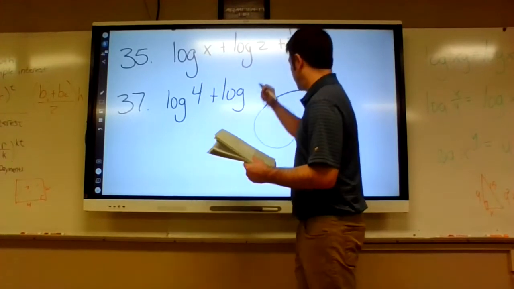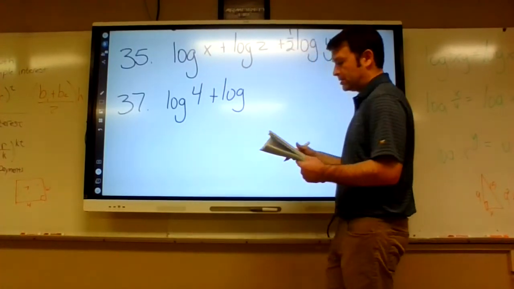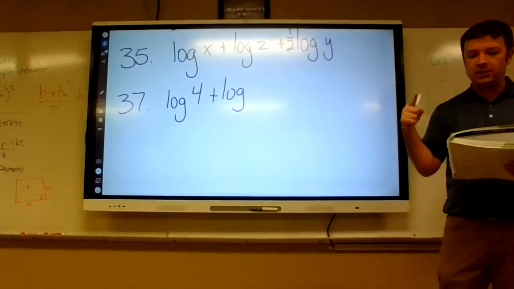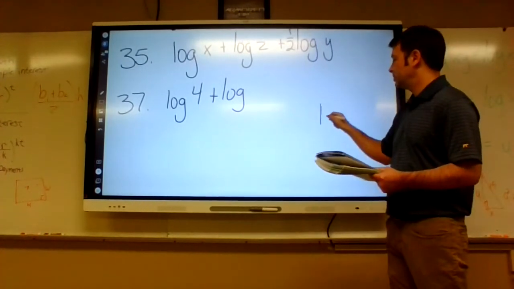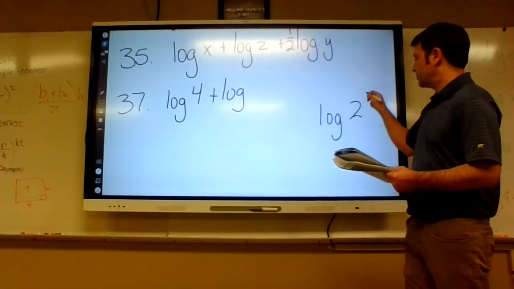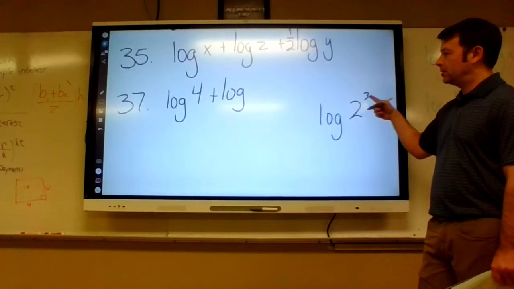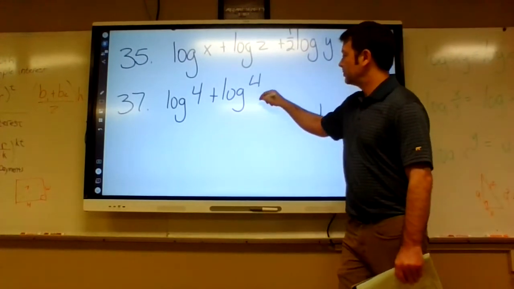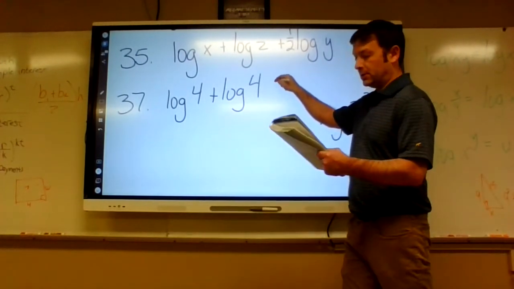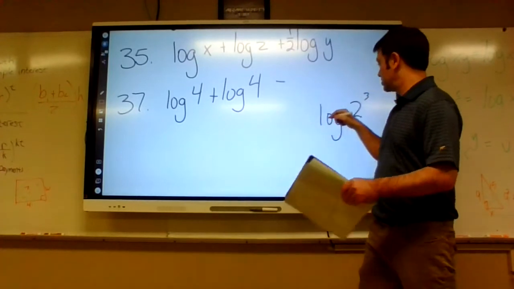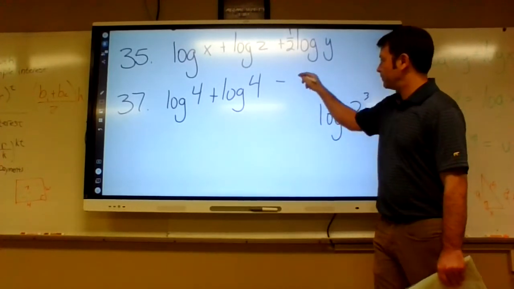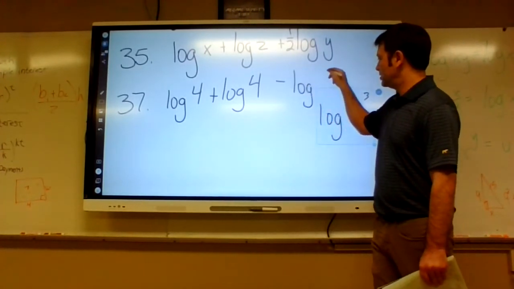And then the third term says a 3 on the front. The 3 is going to go up as an exponent. So it'll become log of 2 to the third. What's 2 to the third? That's the common log of 8.